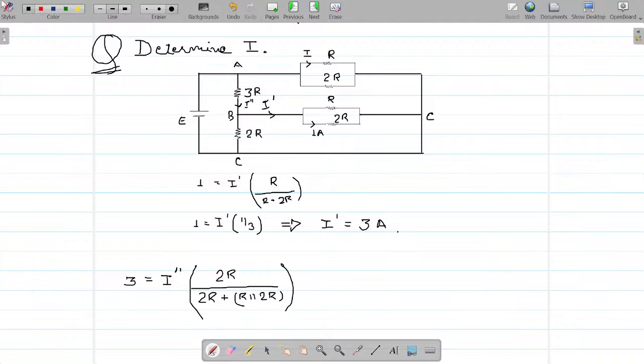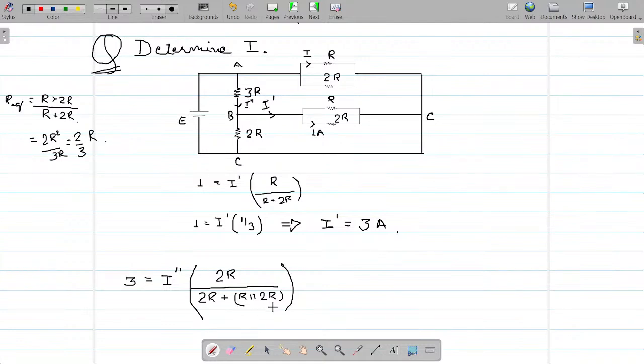What is R parallel to 2R? What is R equivalent? It should be R into 2R upon the sum of resistances, which is R plus 2R. This is something you should do very quickly. 2R square upon 3R, this would be 2 by 3R, right?